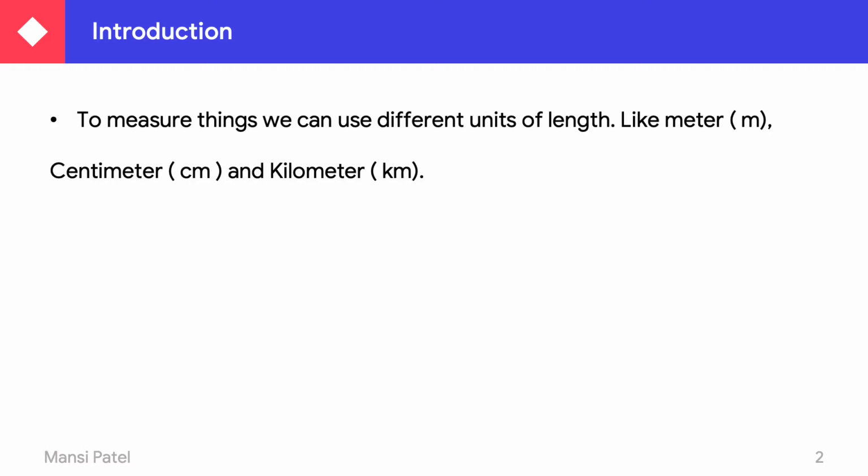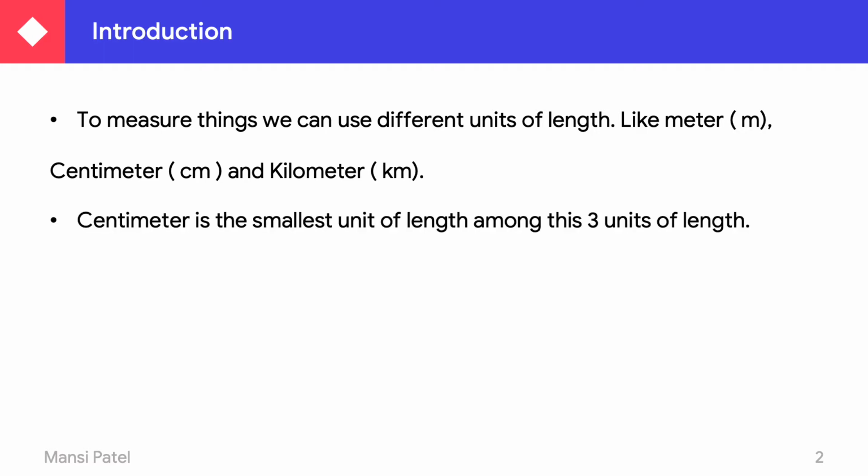To measure things, we can use different units of length, and those units are meter, the short form of meter is m, then centimeter and kilometer. The short form of centimeter is cm and the short form of kilometer is km.